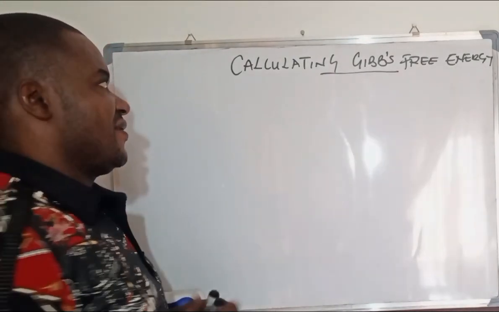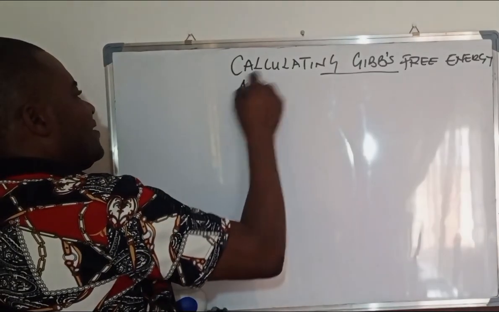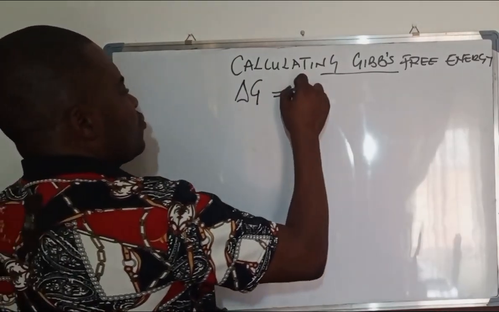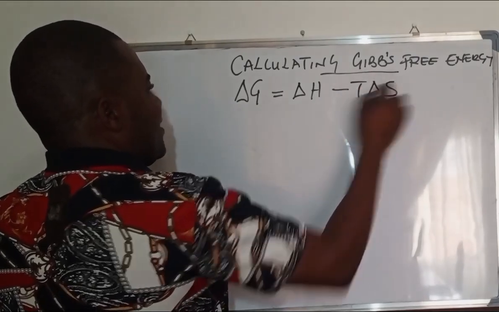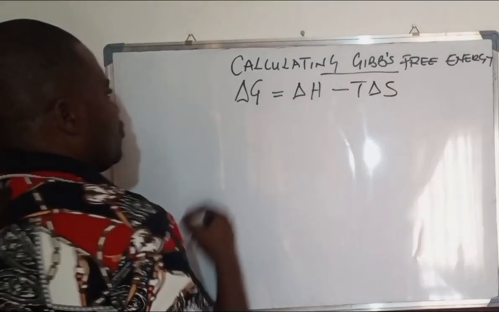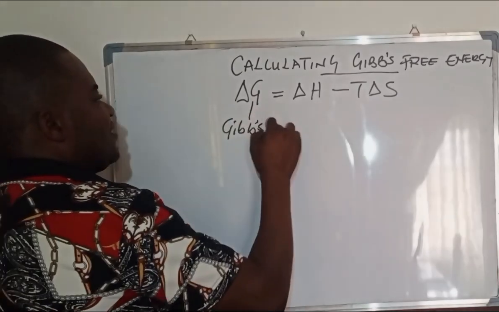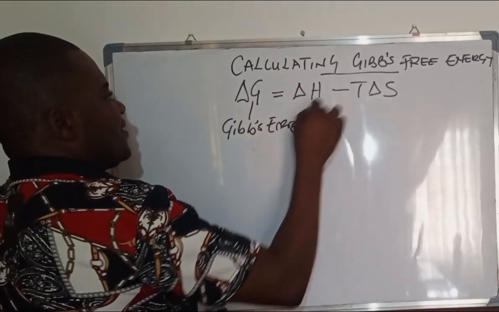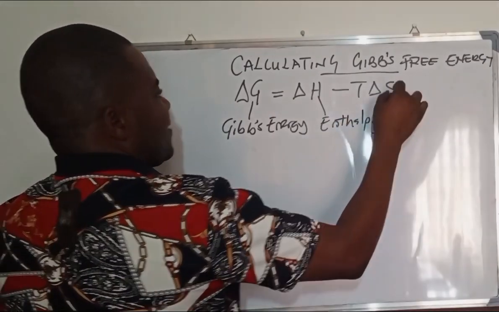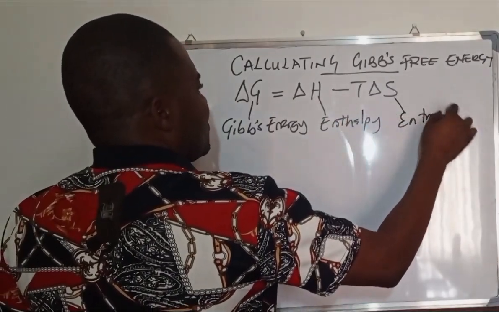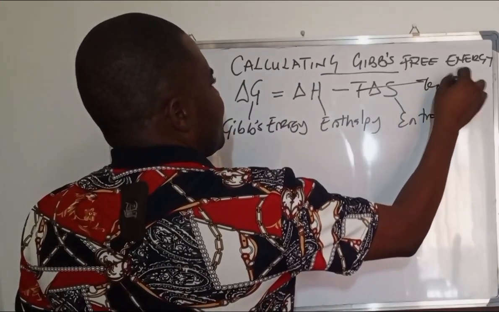Remember that we had mentioned earlier that the Gibbs free energy is defined as delta G equals delta H minus T delta S, where of course delta G is the Gibbs energy, delta H is the enthalpy, and delta S is the entropy, while T is the temperature.